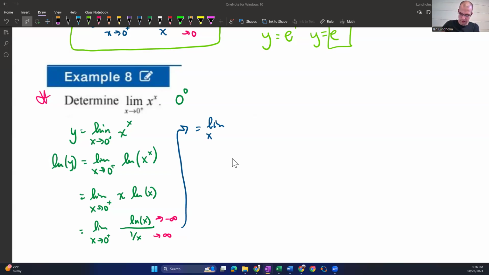Limit as x goes to 0 from the right. We get a 1 over x on top. We get a minus 1 over x squared on bottom, taking that derivative.